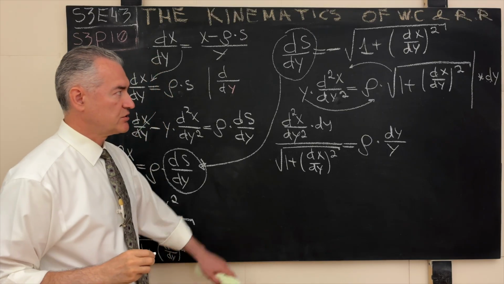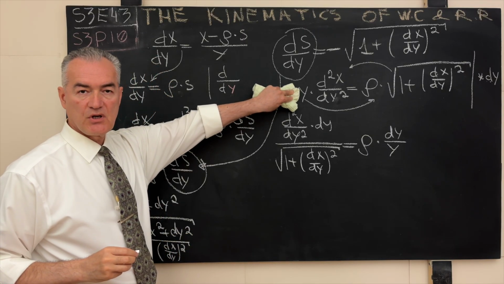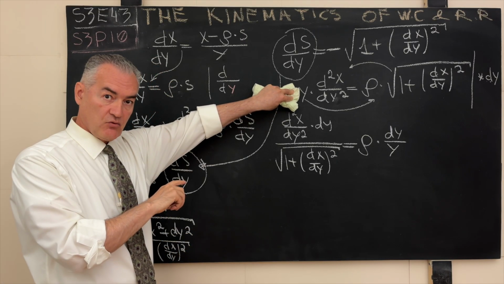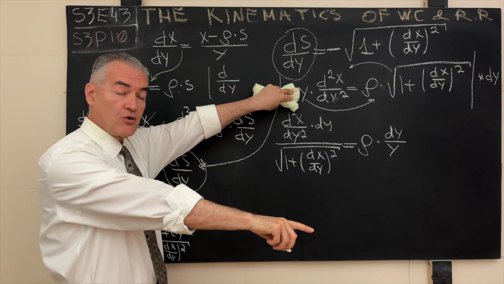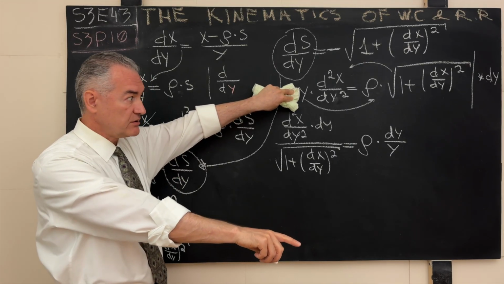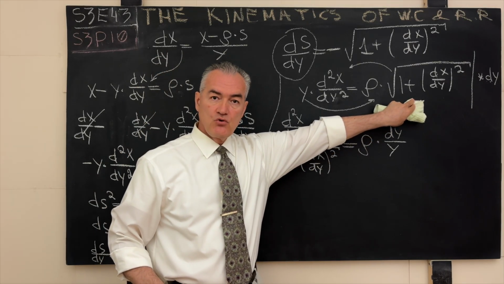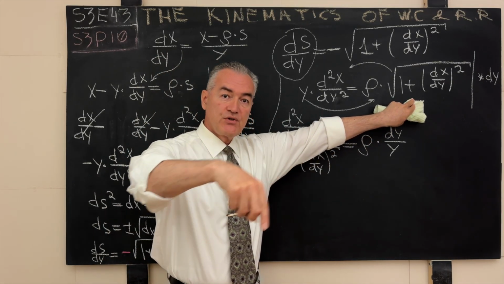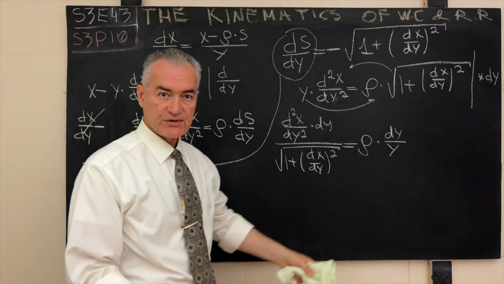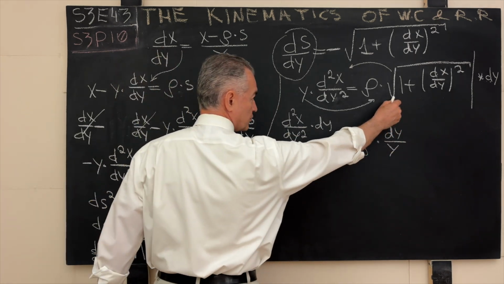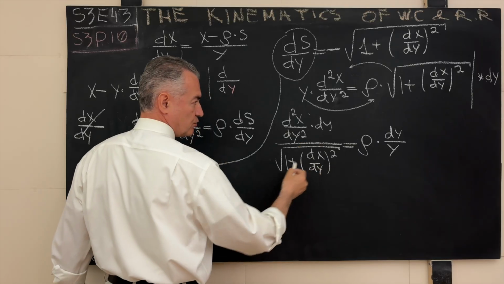That maneuver should be understood. Y from the numerator of the left-hand side of the equal sign goes into the denominator of the right-hand side of the equal sign. And the square root from the numerator of the right-hand side goes into the denominator of the left-hand side of the equal sign. This is, again, nothing complicated. Middle school algebra here, and this is what we have.